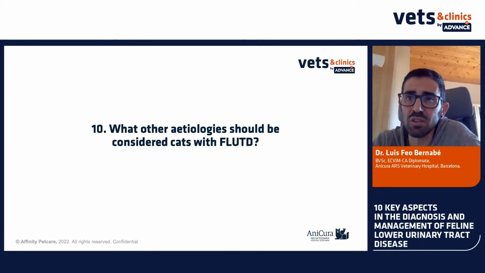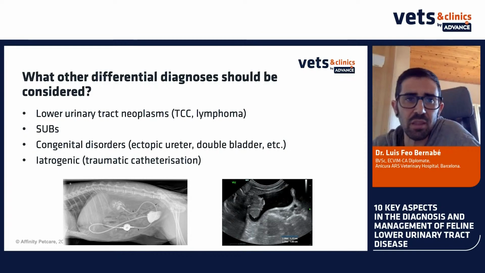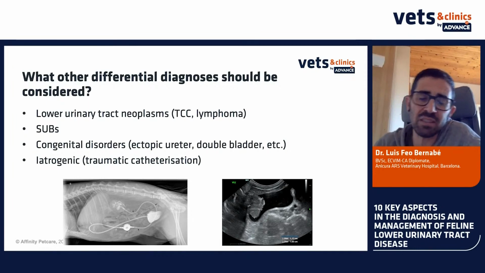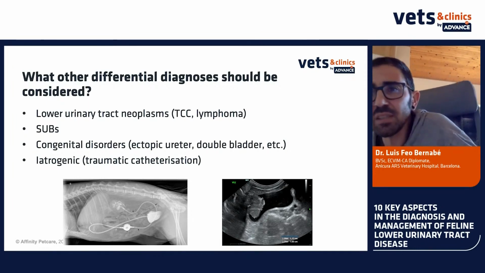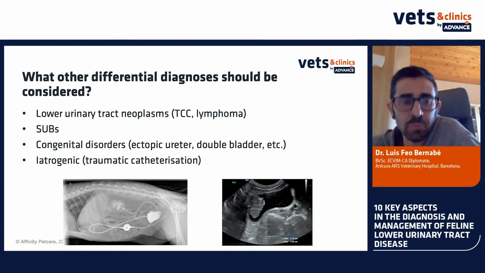there are other etiologies that you should consider in these cases. There are a few here on this screen. So for sure, you have to consider in cats lower urinary tract neoplasm, and TCCs, transitional cell carcinomas, are probably the most frequent tumor in cats in this location.